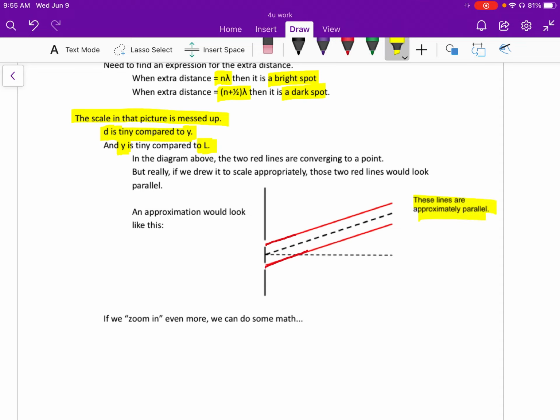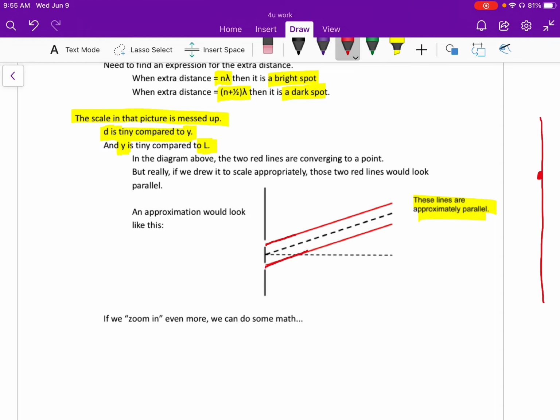Basically, we can assume that they're so close together that when they get to our screen, way over here, this bottom line and the top line still hit at a point. They look parallel, they're just coming together so slightly that we can pretend that they're parallel lines.